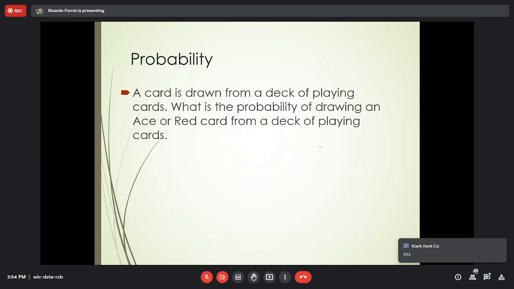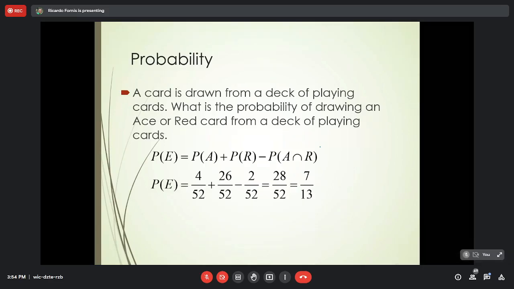Okay, so let me show you the solution from Clarkin. So this is the result. You would say the probability of ace or red is the probability of ace plus the probability of red. But there's an intersection. The intersection is the ace of hearts and the ace of diamonds, the red cards.